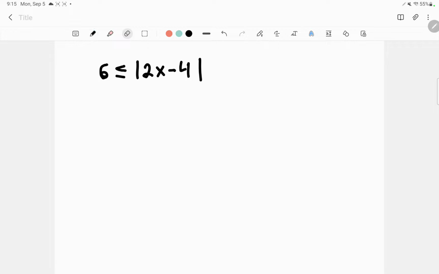So that is the exact same thing as if you had this: 2x minus 4 is greater than or equal to 6. Both of the equations mean exactly the same thing, but they're just written differently. Okay? They're exactly the same problem, they just rewrote it differently.